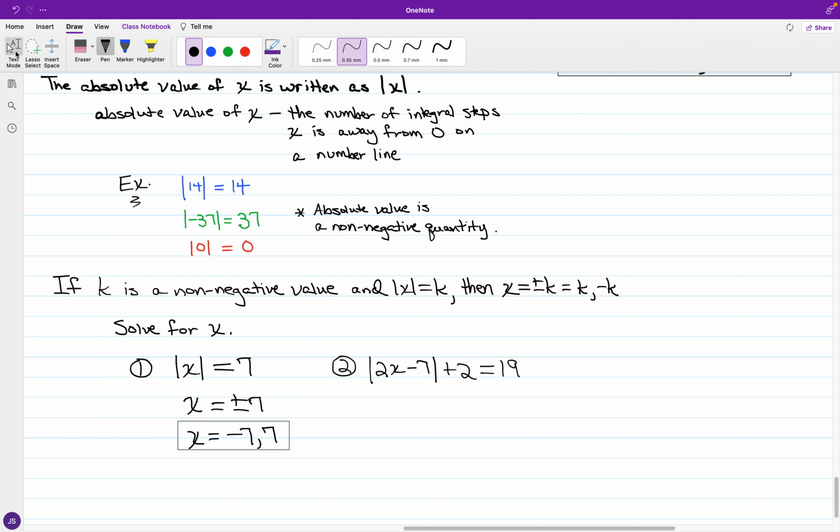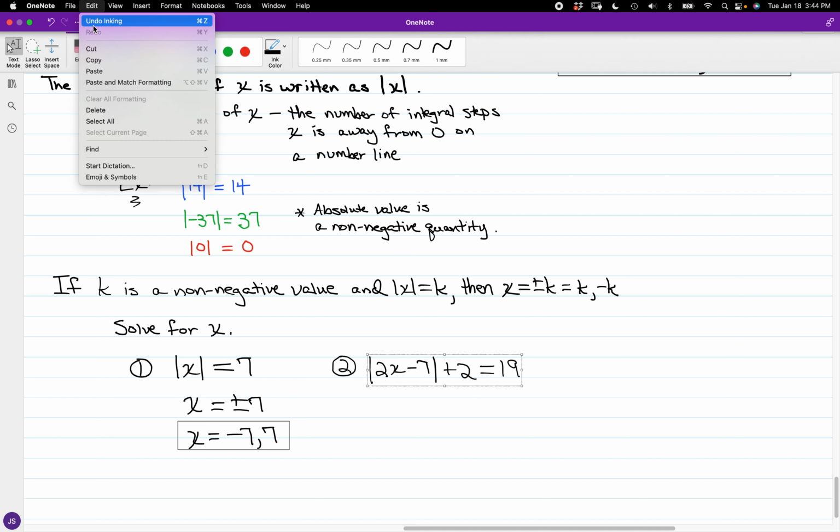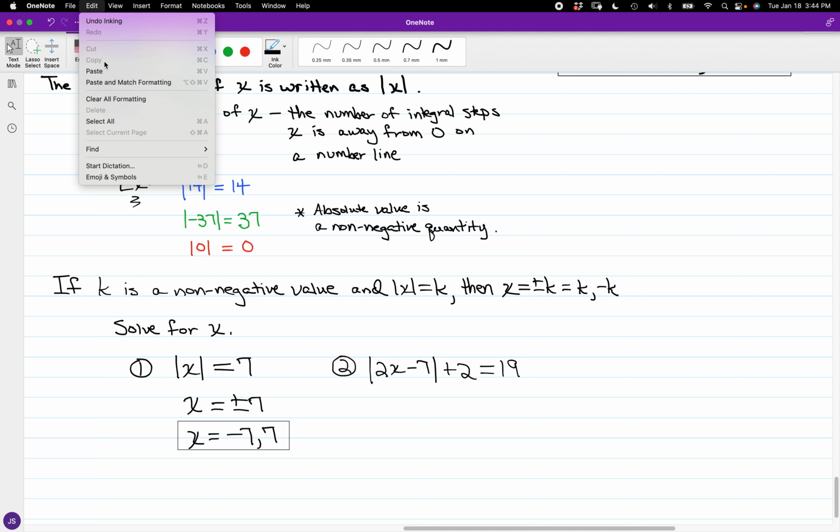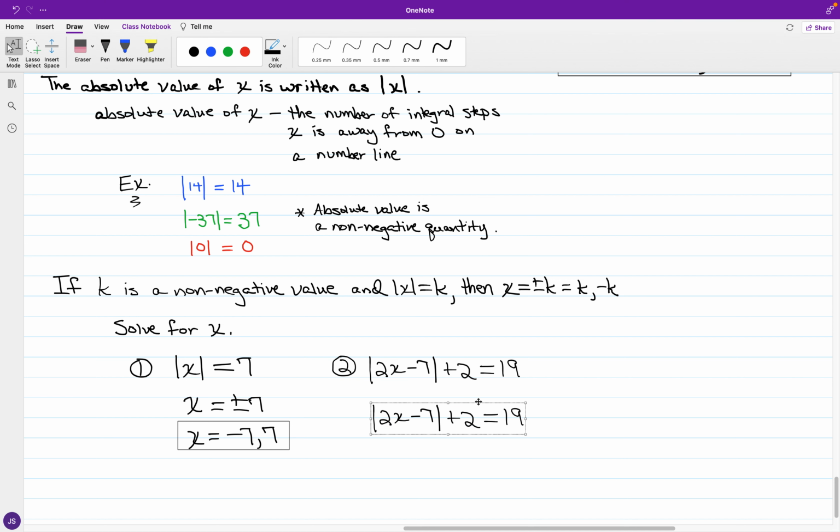Okay, so I have the absolute value of 2x minus 7 plus 2 is equal to 19. So what I want to do here, first of all, is isolate the absolute value term. So upon isolating, I can move the 2 over.